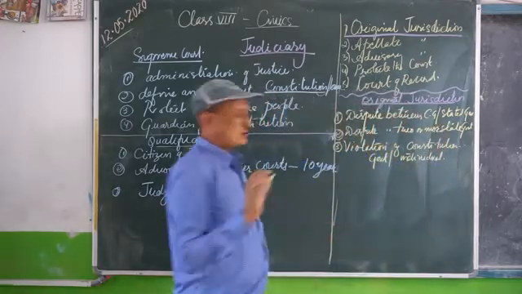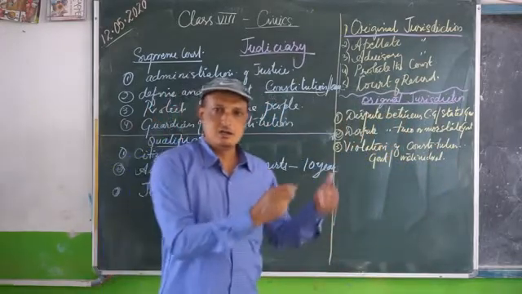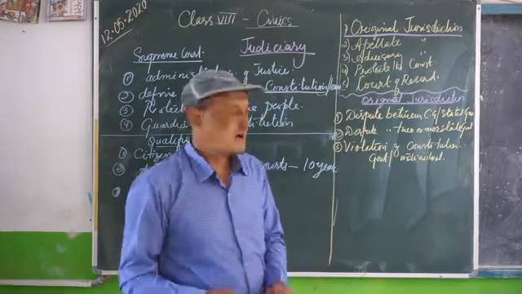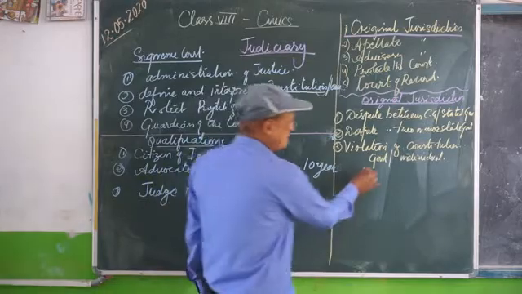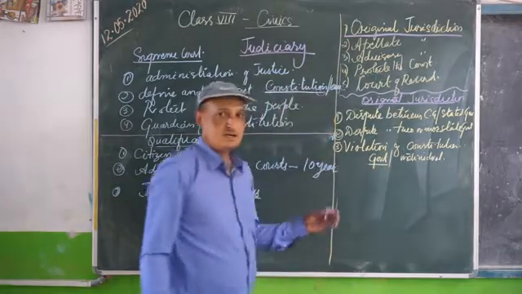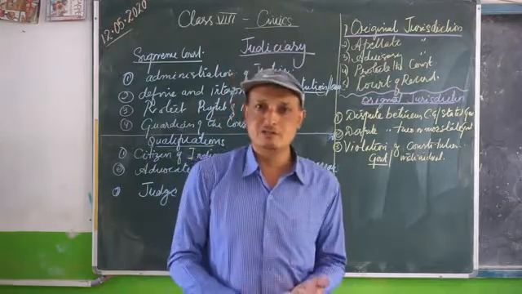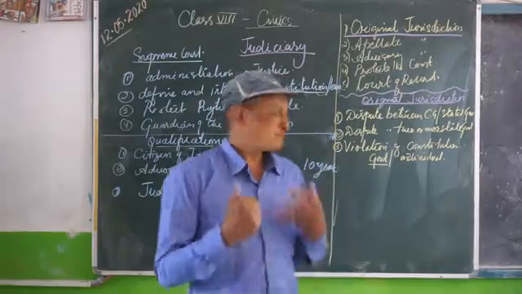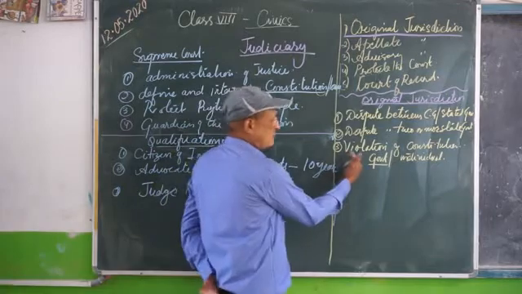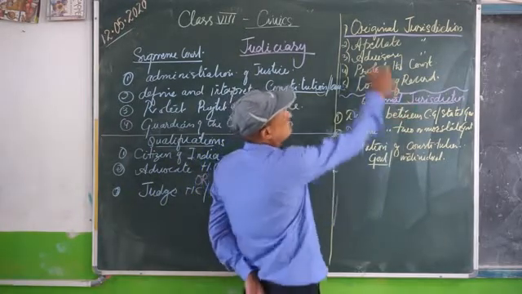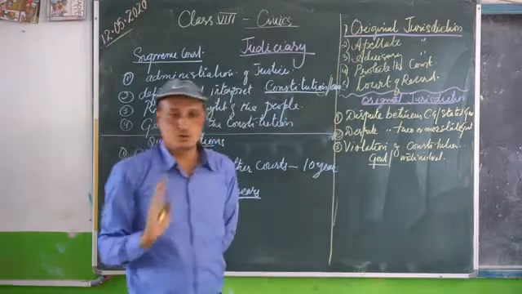If the Constitution, or the provisions in the Constitution, are violated either by the government, maybe the central government or a state government, or any individual like you and me, and the Constitution has been violated, that case can originate only in the Supreme Court.